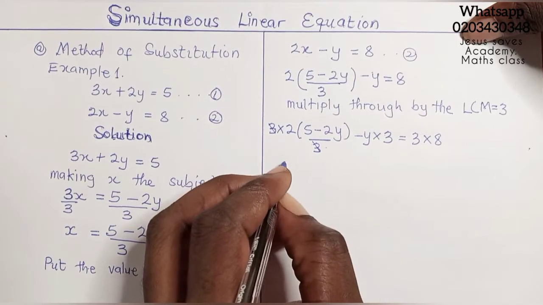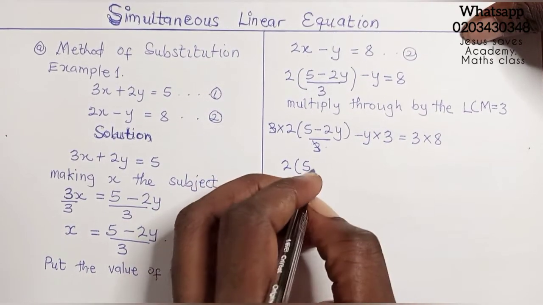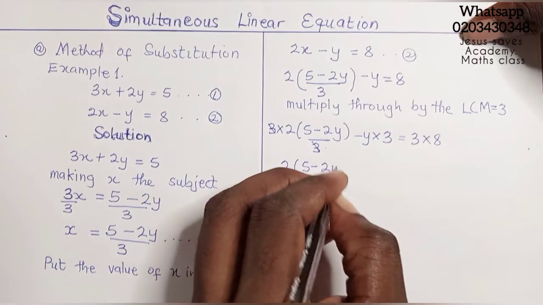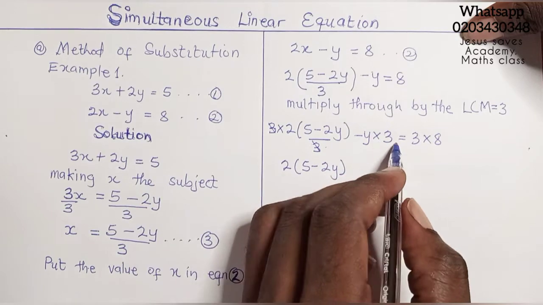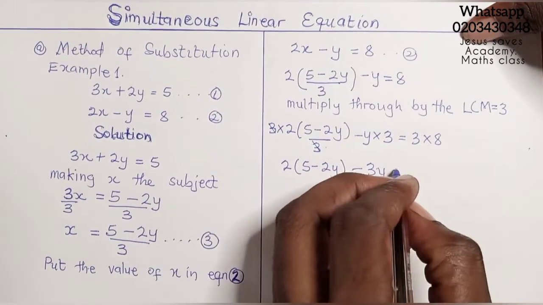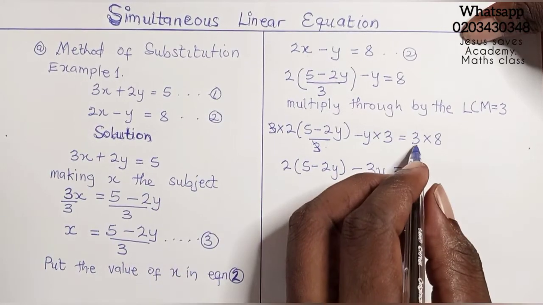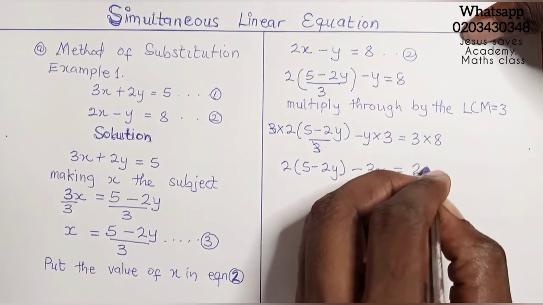Then we'll be left with 2 times the bracket, then this negative y times 3 will give us negative 3y, which is equal to 3 times 8, giving us 24.